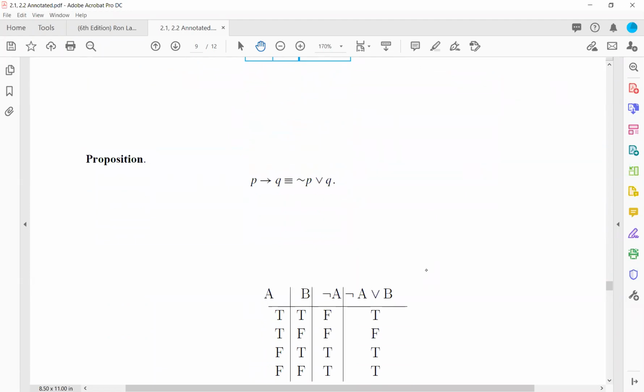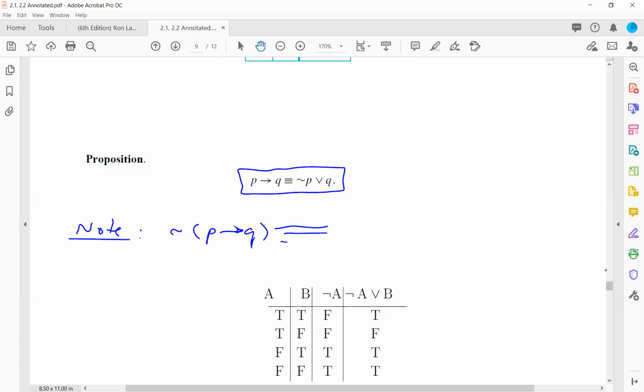P then Q is equivalent to not P or Q. Guys, please memorize this. This example, which in this case is just a proposition, is very useful. Wherever you see P then Q, you quickly write not P or Q. You cannot negate P then Q directly.